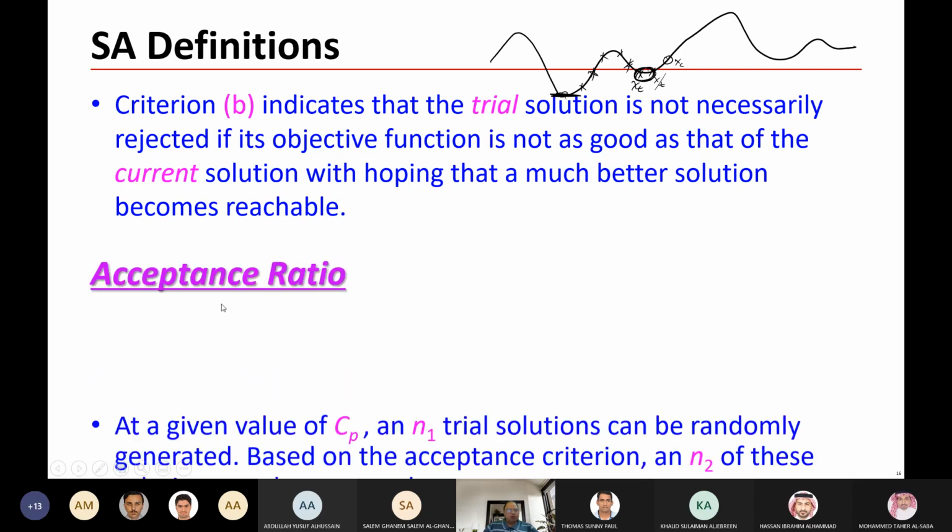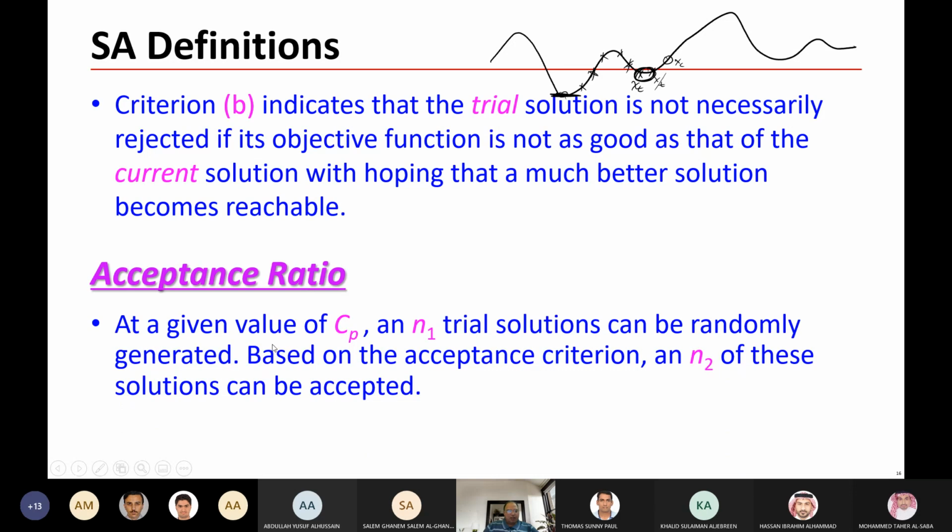So the acceptance ratio can be defined as such. At a given value of CB, in order to check the melting point, you can create 100 trial solutions. You have a current solution, and you can generate 100 trial solutions in the neighborhood of this one.